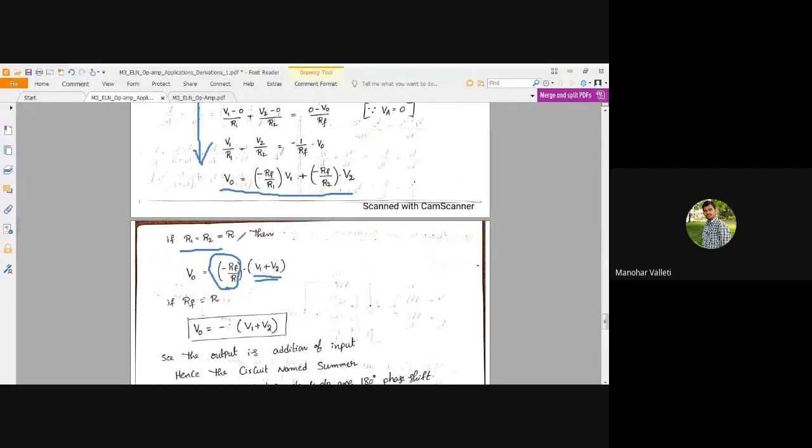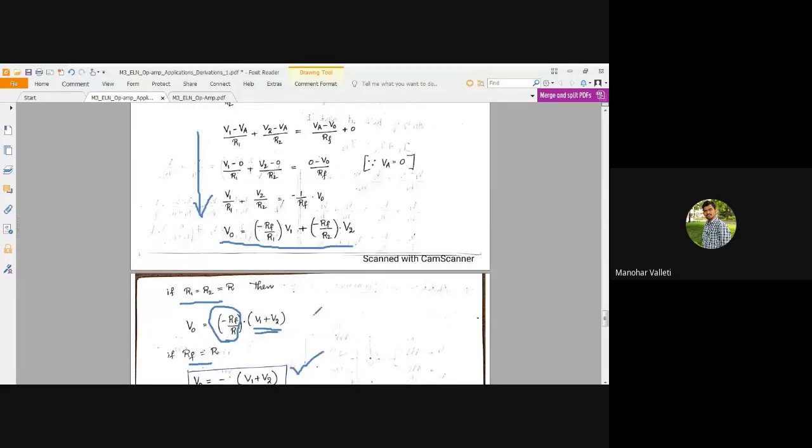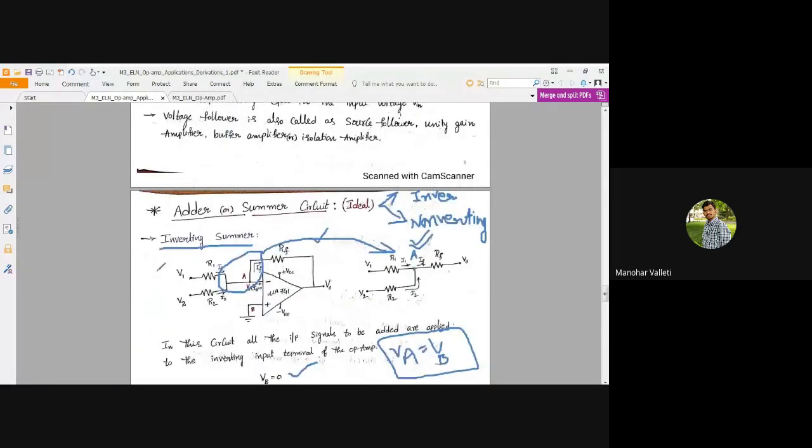If you want to remove the gain also, and if R1, R2 and RF are all the same, RF equals R, then we get V0 equals V1 plus V2. So from this output equation, it is proved that the output of this circuit is the sum of the applied inputs.